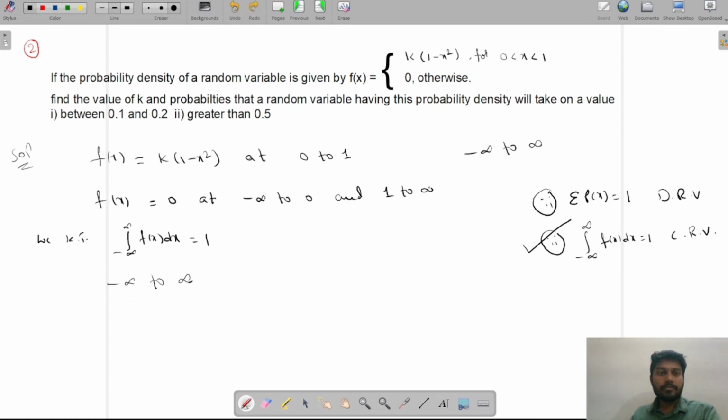See, this integration from minus infinity to infinity, I'm splitting by using integral by parts.